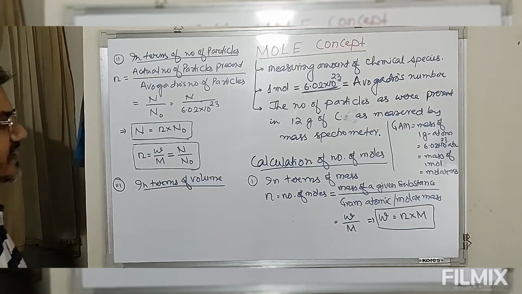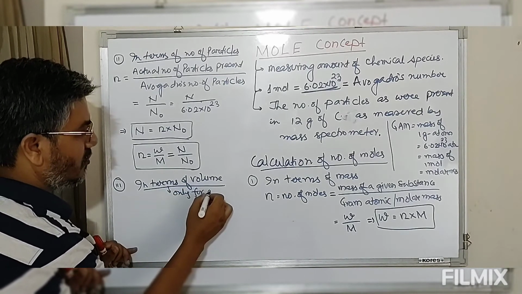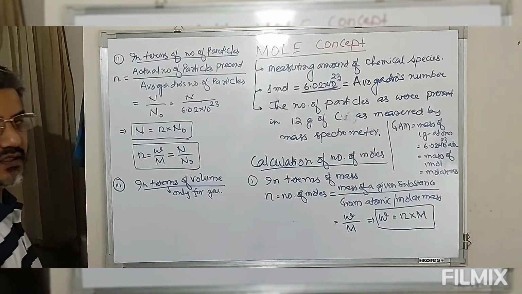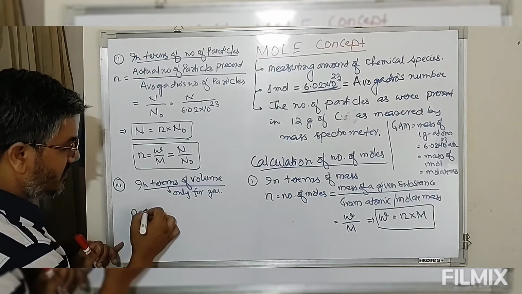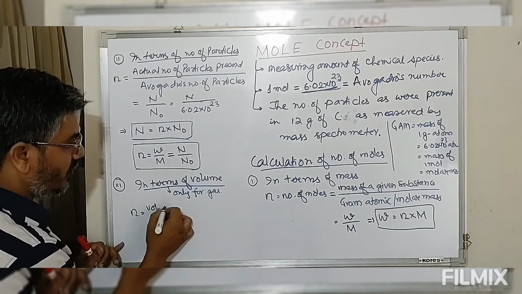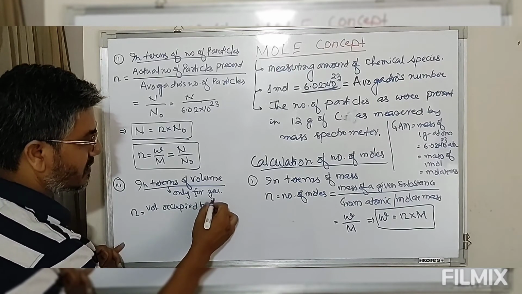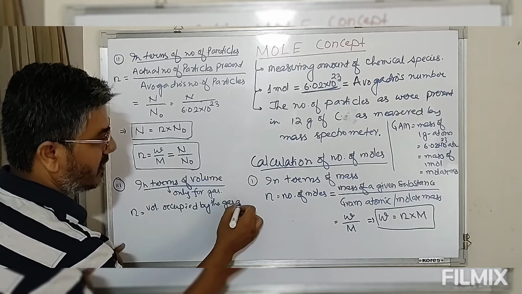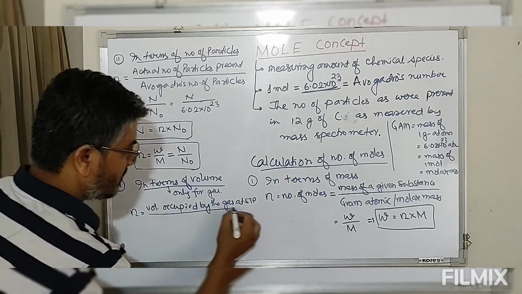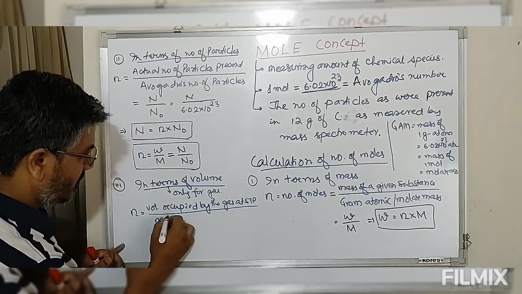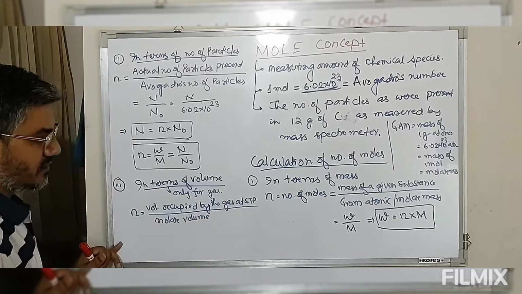In terms of volume, this is specific only for gas. Only for gas we use this value. So in terms of volume, this is defined as volume occupied by the gas at STP, standard temperature pressure, divided by molar volume at STP.